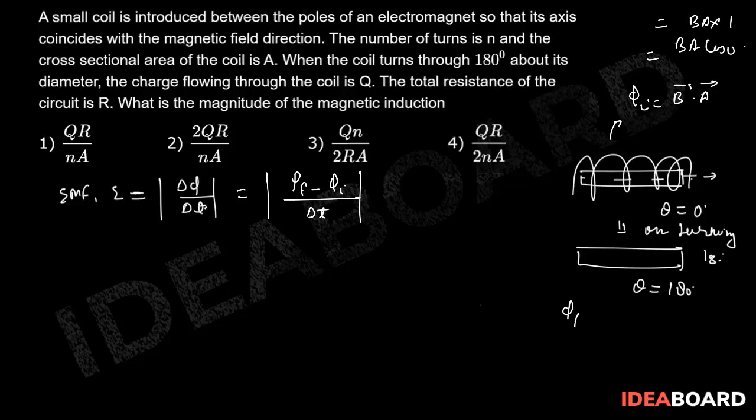And what is the value of phi final? That will be B dot A, which is BA cos 180 degrees, equal to minus BA, because cos 180 is minus 1, right?